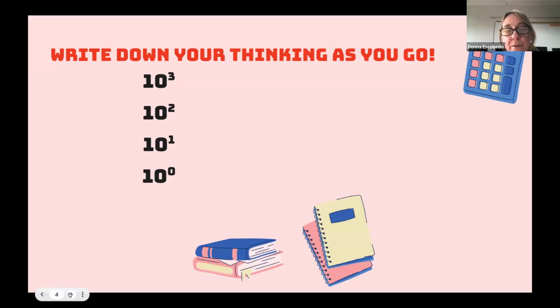So as we work through those numbers with their exponents, and the exponents decreased as we went, what is something that you noticed? Or what is happening with that string?